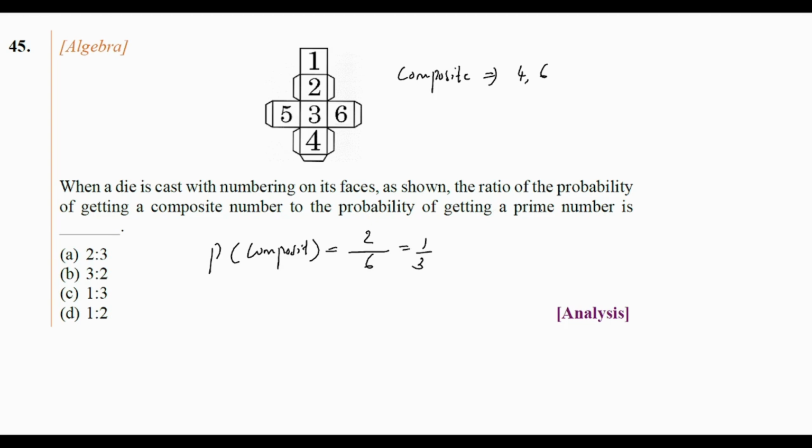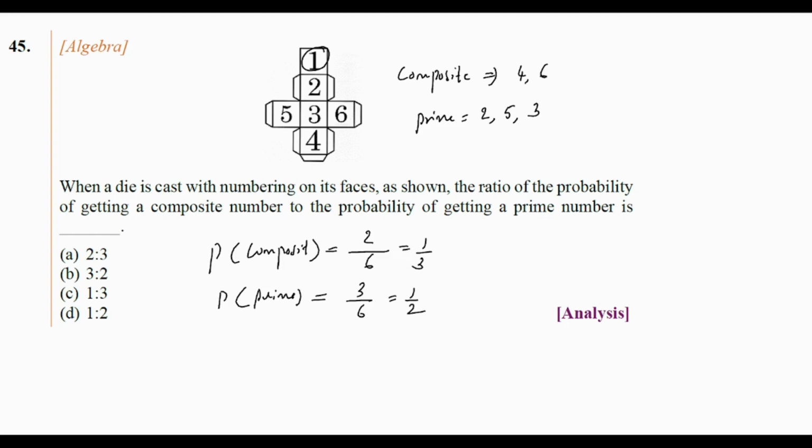So probability of getting a prime number. What are the prime numbers here? You need to understand prime numbers are 2, 5 and 3. Okay, one is neither prime nor composite. So I get this as 3 by 6, that is 1 by 2. So what they are asking?